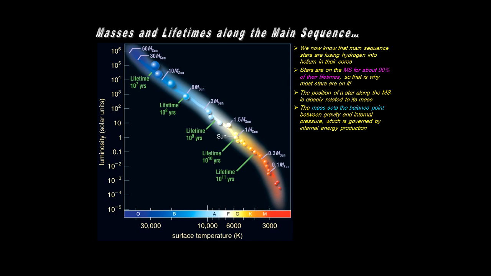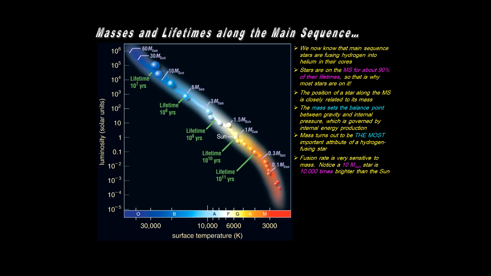The mass turns out to set the rate at which the fusion takes place in the core, so it sets the balance point between gravity pulling in and internal pressure shoving out to produce the hydrostatic equilibrium that every star must maintain if it's going to be a stable star. And main sequence stars are stable stars. So mass is the most important feature of that. Fusion is very sensitive to the mass.